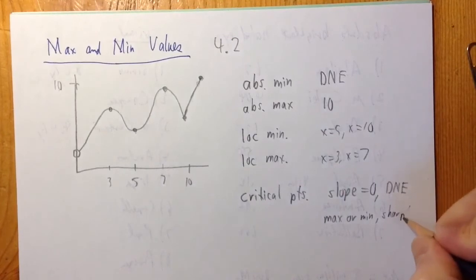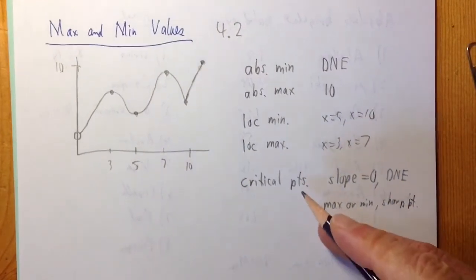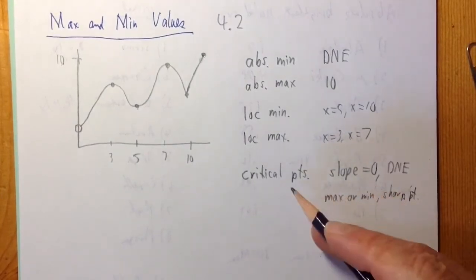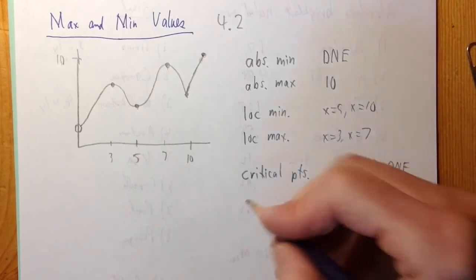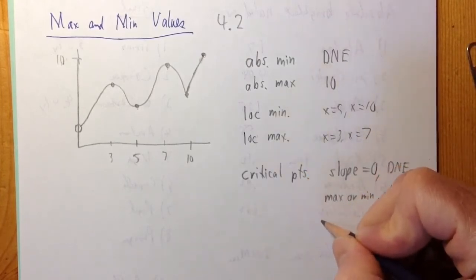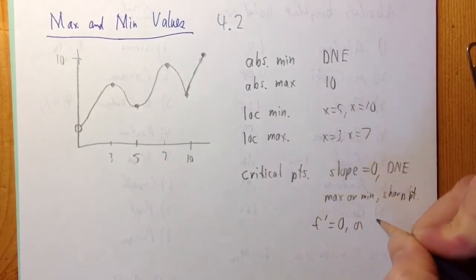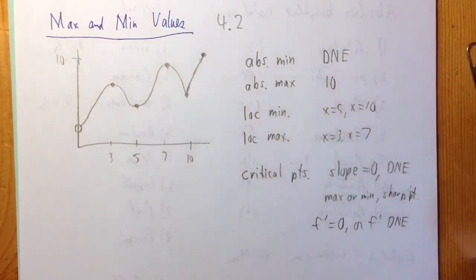Sharp points are examples of those, max or mins are examples of those, but it also can get pretty tricky for critical points, so we've got to be a little bit careful. Typically, though, a critical point is when the slope is 0 or the slope doesn't exist, which means that the derivative, f prime, is 0 or the derivative does not exist, because that's what the slope is, right? The slope's the derivative. So critical points are where the derivative is 0 or doesn't exist.